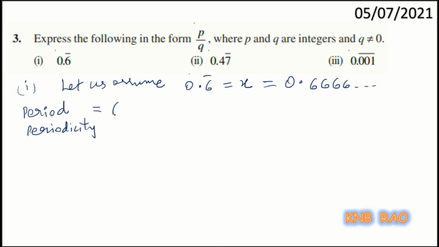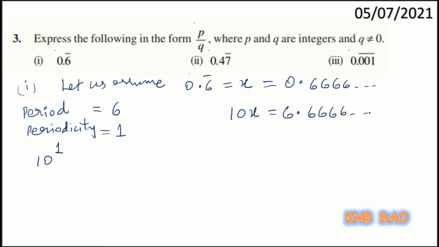Here the period is 6, the digits which are repeating in the same order, and the number of digits repeating is called periodicity. And I told you 10 raised to the power of periodicity is to be multiplied to the value of x. So, we got 10x. When I take 10x, the point shifts from left to right because x is multiplied by 10.